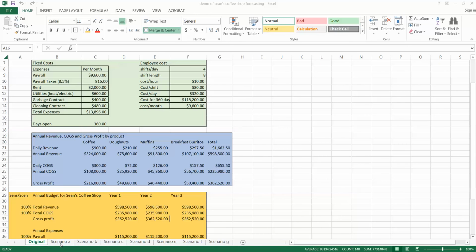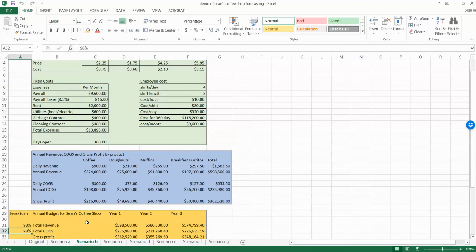For scenario A, we are going to increase our revenue and our cost of goods sold both by 8.5%, because that is the amount that the number of units will increase, and we know that revenue and cost of goods sold both are affected by the number of units. So here we would just simply put in 108.5%. In scenario B, we're going down by 2%, and 100% minus 2% is 98%.